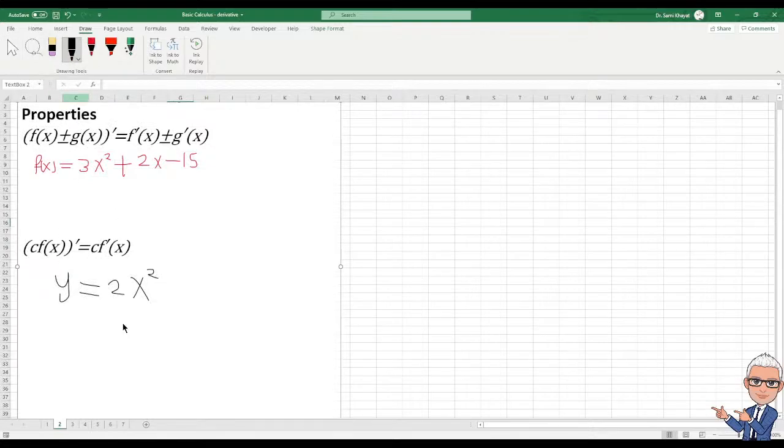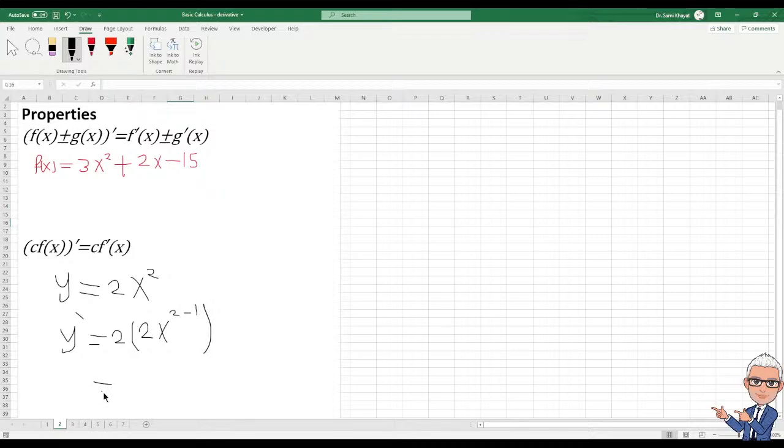The constant, you keep it, times the derivative of x squared, which I just showed you, 2 times x power 2 minus 1.